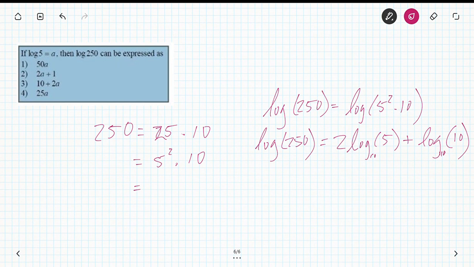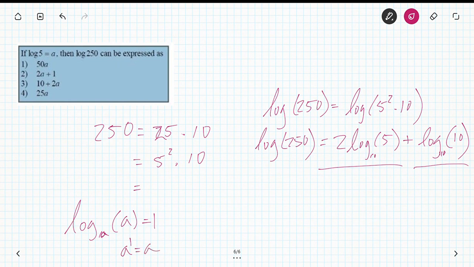Okay, and here this one looks like we cannot simplify, but this one looks very similar to that first rule, which said that the log of base a of a equals 1. That means that a to the first power equals a.